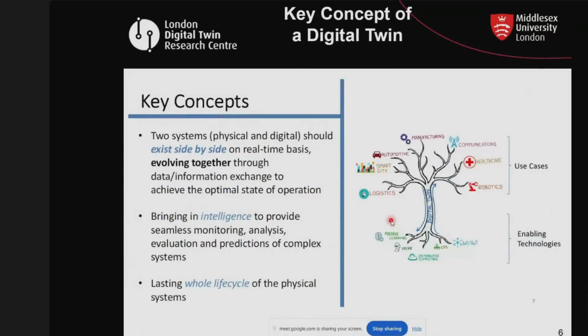Going back to that aspect of enabling technology. So if I look at the tree here, on the right hand side, the tree basically is telling me that my key enabling technologies are artificial intelligence and machine learning, distributed computing, Internet of Things, industrial Internet of Things, and cyber physical systems.